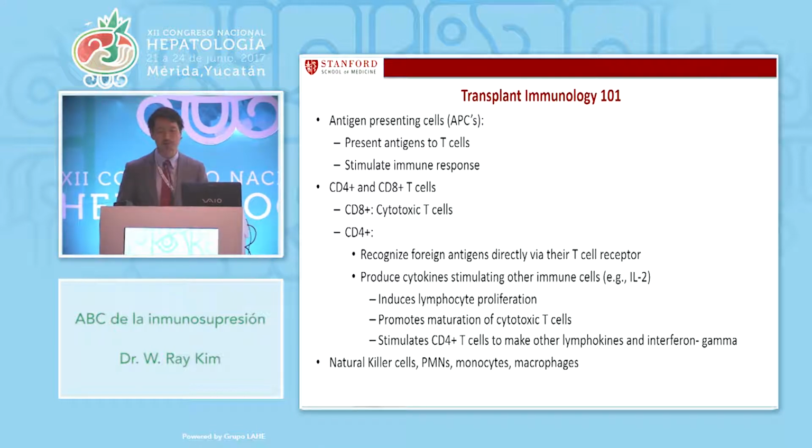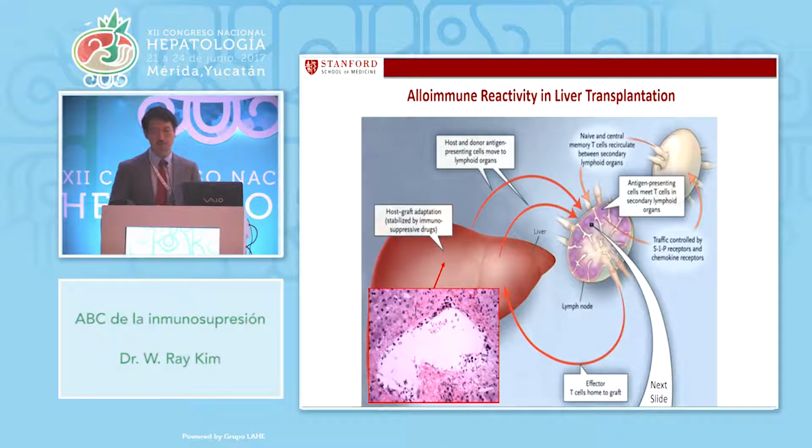It promotes maturation of cytotoxic T cells, and it stimulates CD4 T cells to make other lymphokines and interferon gamma type cytokines. There are other cell types such as natural killer cells, polymorphonuclear leukocytes, monocytes, and macrophages that complete the picture. So this is the picture.